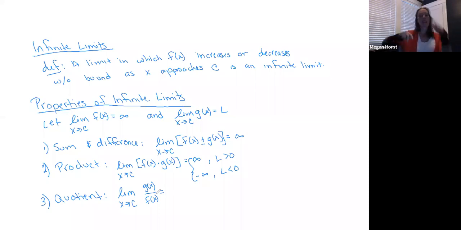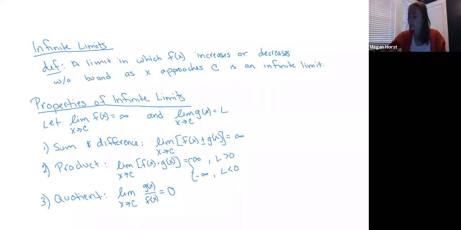So ultimately I have 10 over like a billion, 10 over a trillion, 10 over some insanely large number. That value is always going to be approaching 0. So this is going to be 0. So anytime you have a denominator that's approaching an insanely large number and your numerator is staying some constant value, your limit is going to be approaching 0. And that's a horizontal asymptote at 0 in those situations.